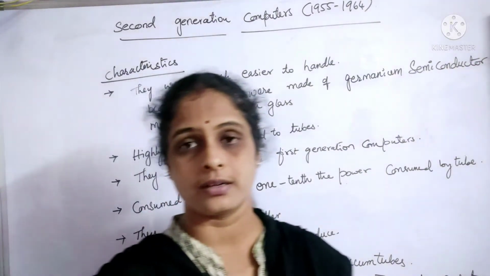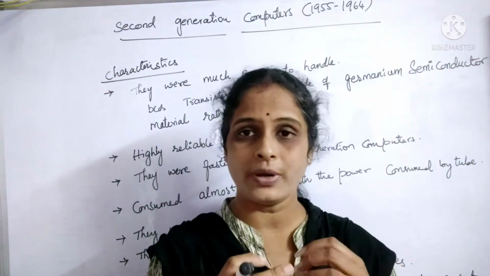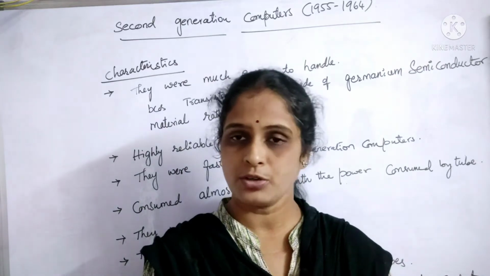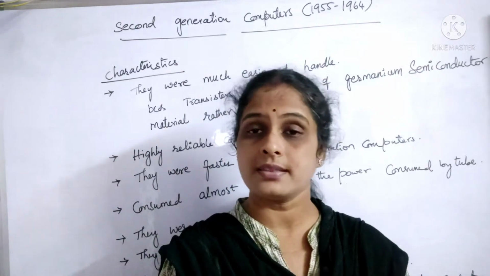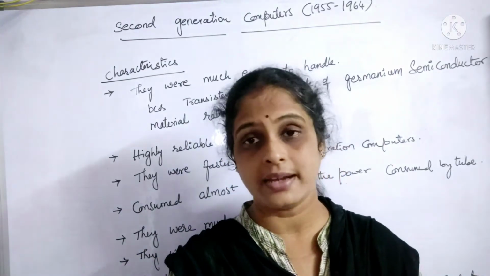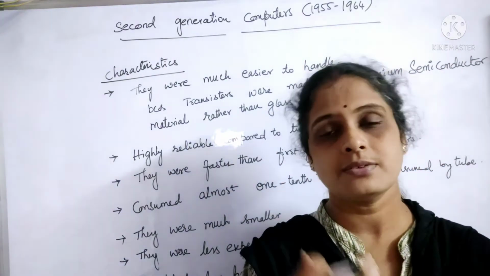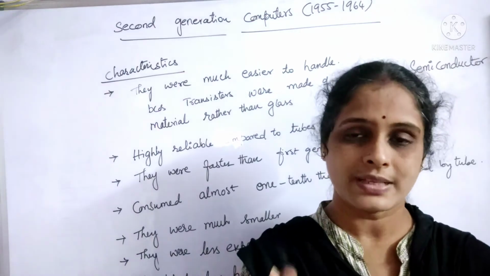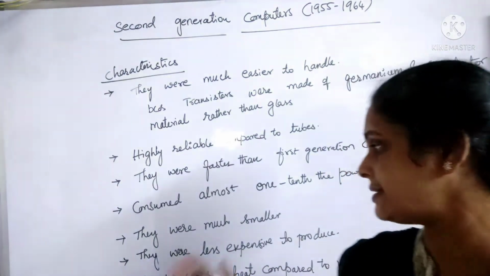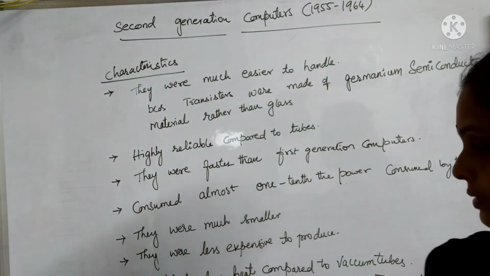Then they were much smaller. As discussed earlier, some thousands of components used to be assembled. In this case, transistors were used and they were much smaller compared to the previous first generation computers. So the size gradually decreased in second generation computers.